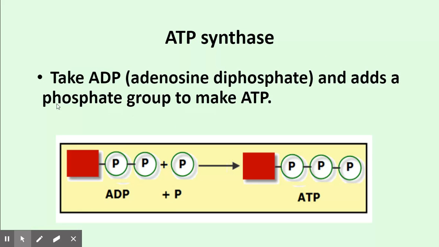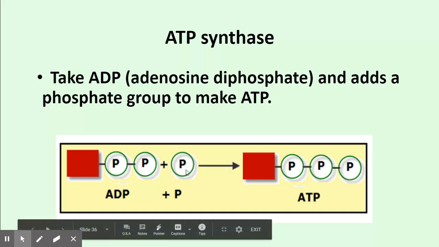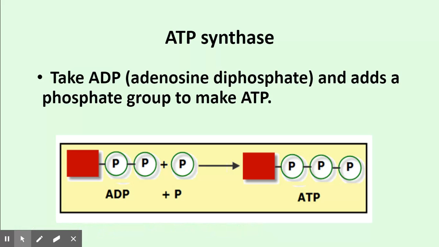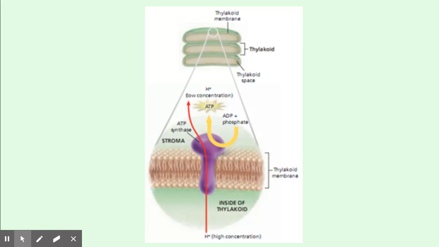So remember, ADP was diphosphate, two phosphates. So we need to attach that third to make ATP and have tri, or three, phosphates that we can then use in the Calvin cycle and use for energy throughout the whole process.